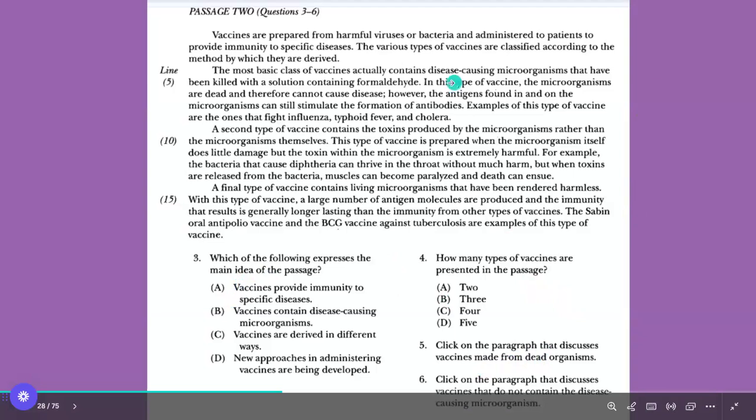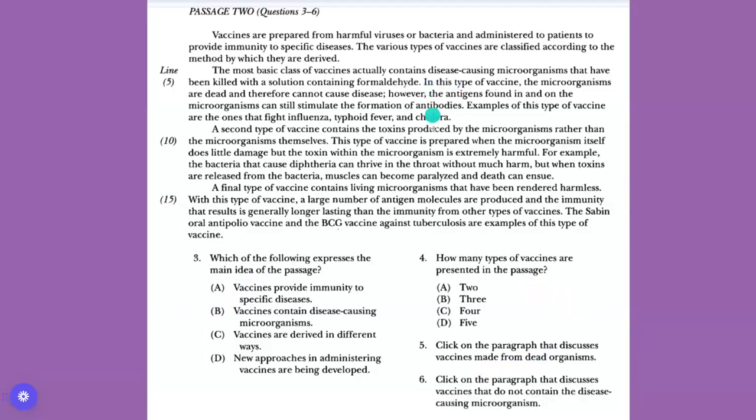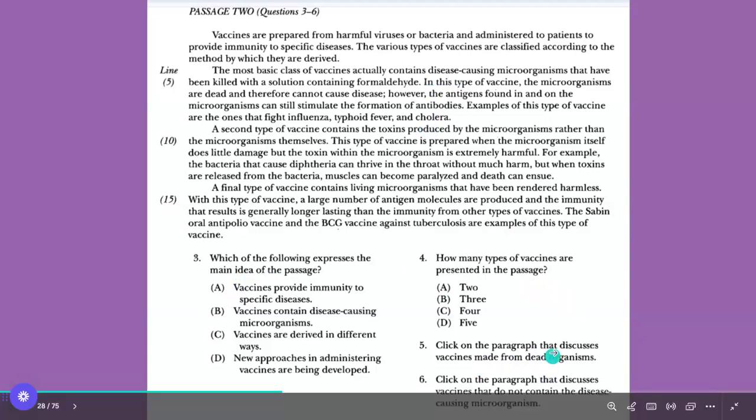Click on the paragraph that discusses vaccines that do not contain the disease-causing microorganism. Now, in these 2 questions, choose keywords from the question to look in the text. For example, some keywords of this one would be dead organisms.